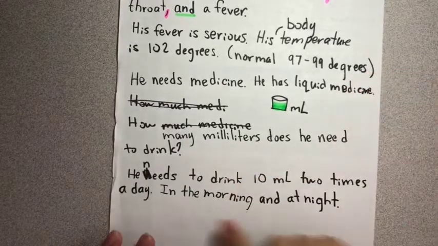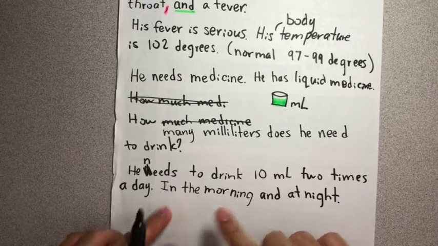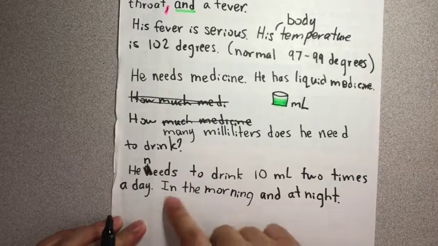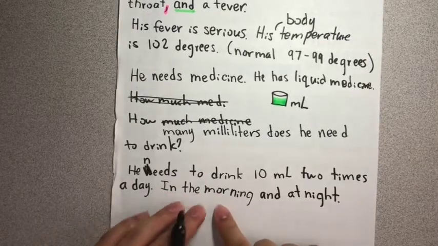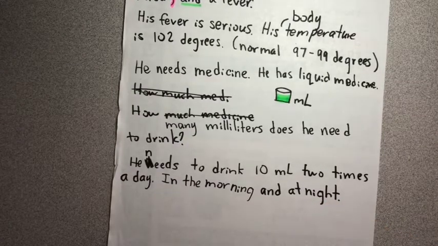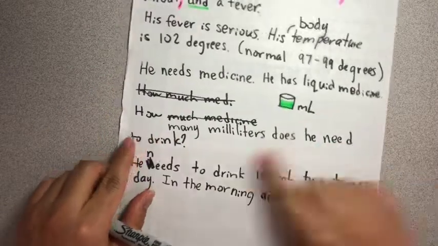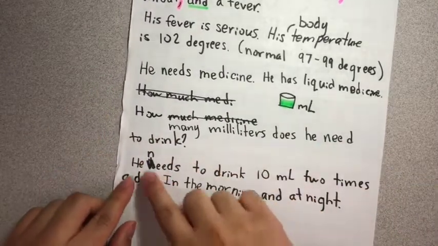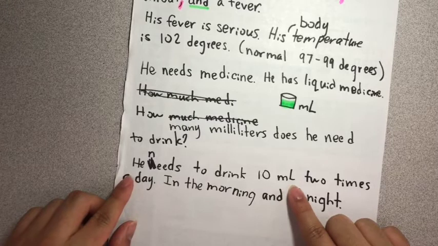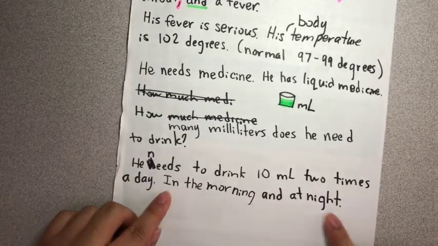Do you remember your time words? So for parts of the day, in the day we say in. So in the morning, in the afternoon, in the evening. But for the word night, we use at. So, how many milliliters does he need to drink? He needs to drink 10 milliliters 2 times a day. 1 time in the morning and 1 time at night.